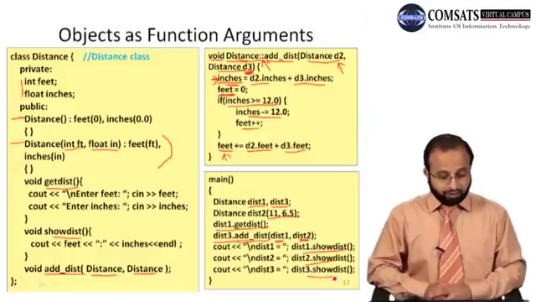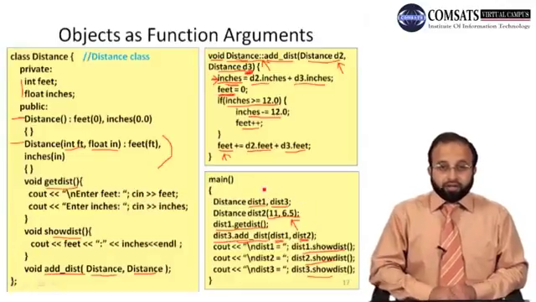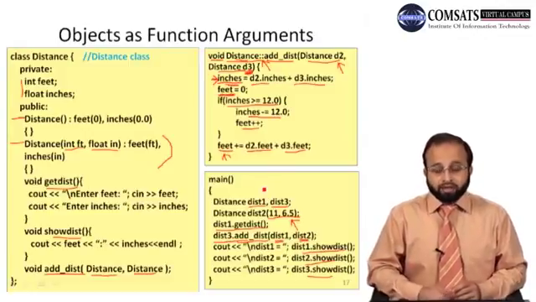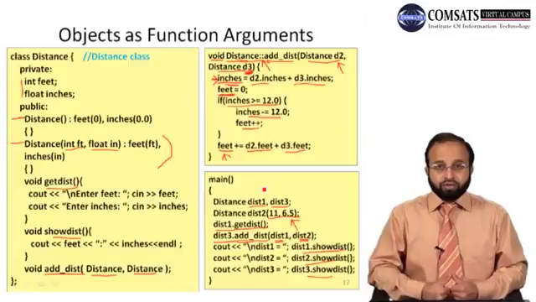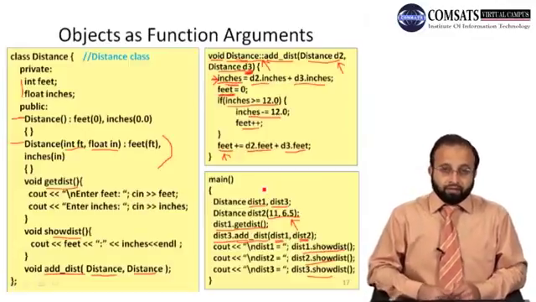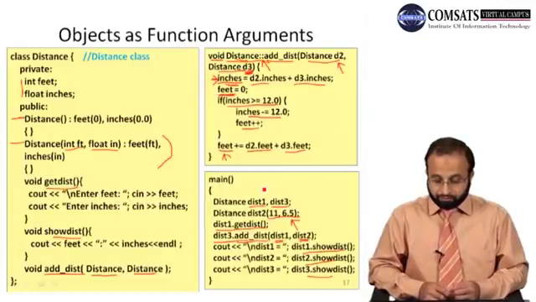There is no set dest function here. We initialize the value of one of the object, that is dest1, by taking the input from the user, and then we add up these two distances and store the result in dest3, and then we are going to display these 3 distances.